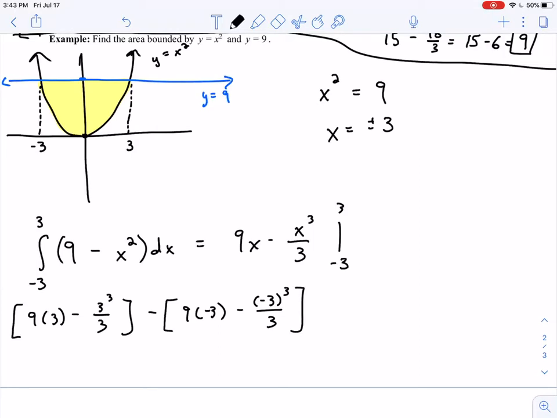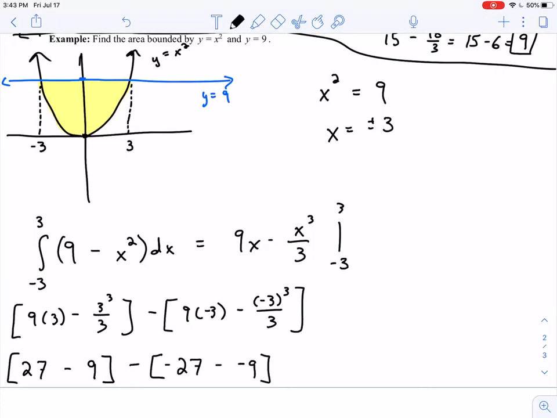Careful with your signs. So 9 times 3, I've got 27, minus 3 to the third, that would be 27 divided by 3, that's 9. Minus, over here, 9 times negative 3, I have negative 27, minus negative 3 to the third would be negative 27 divided by 3, minus negative 9.